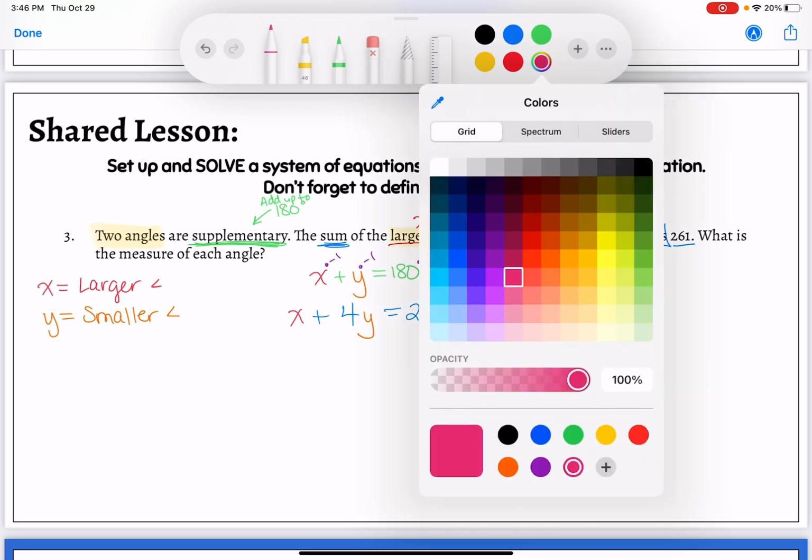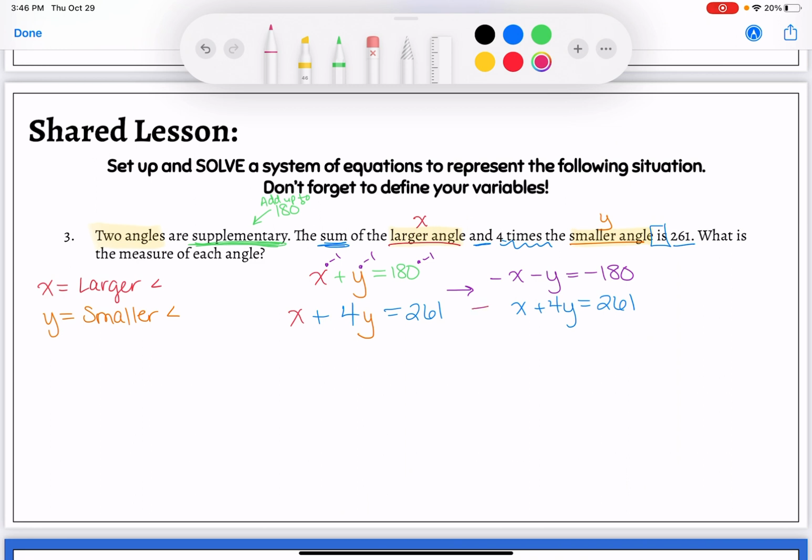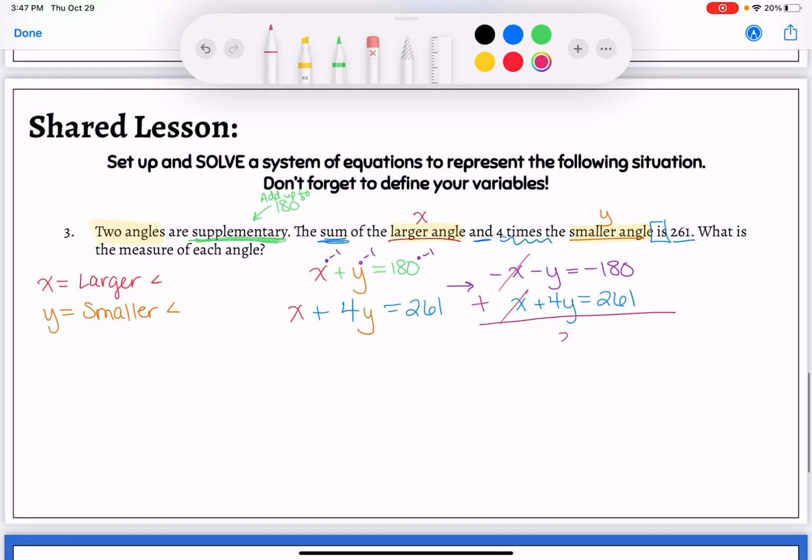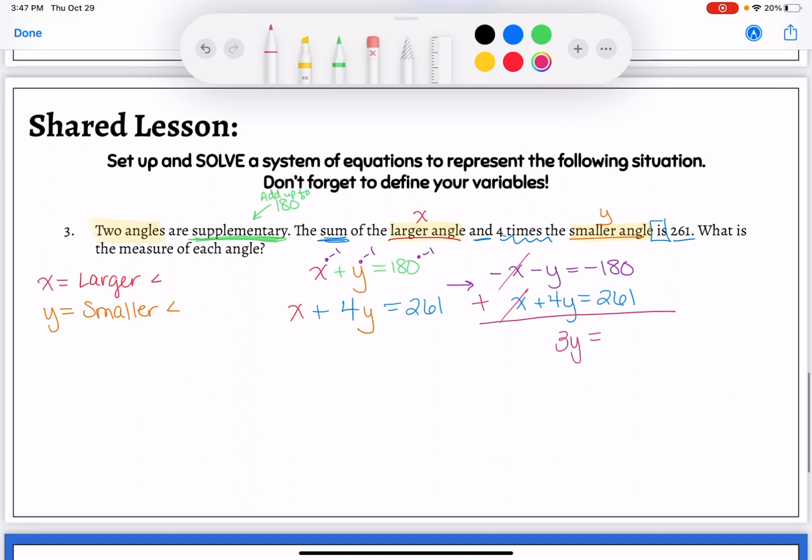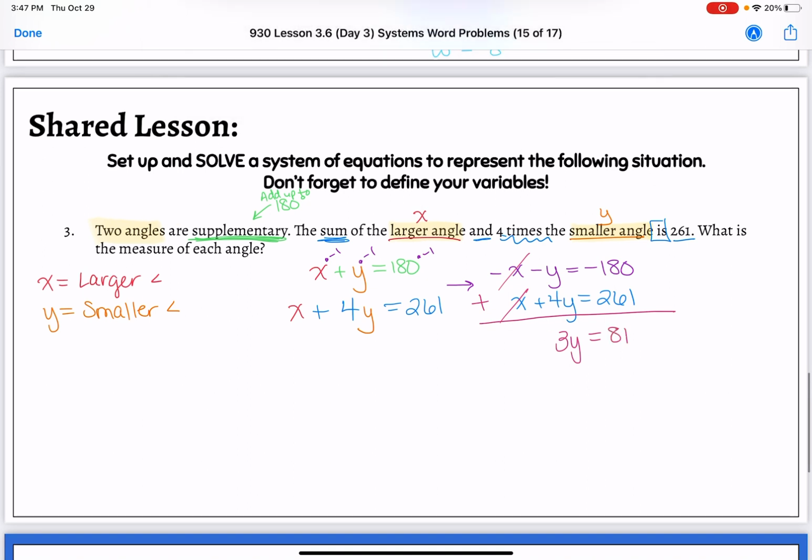All right. I am ready for elimination because I have opposites in my x's, so I add my equations together. Those x's eliminate. -x plus x cancel out. -y plus 4y gives me 3y. -180 plus 261 gives me 81.